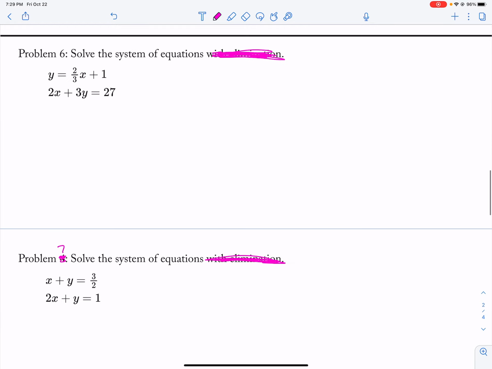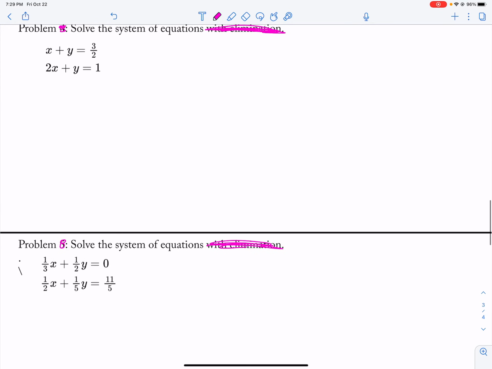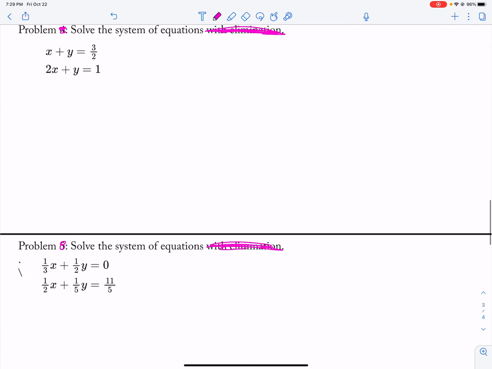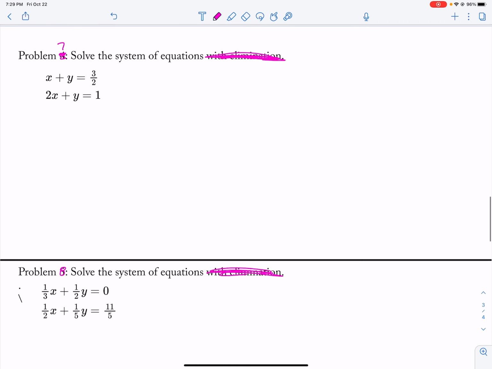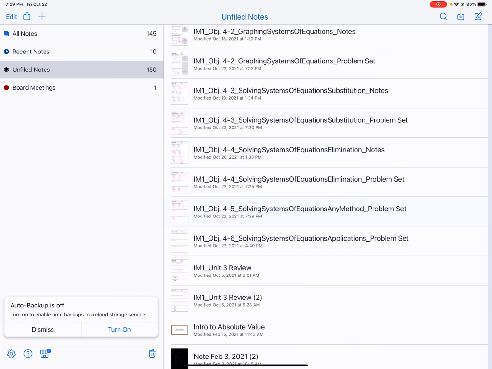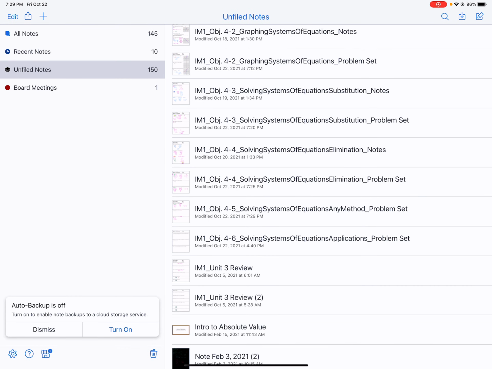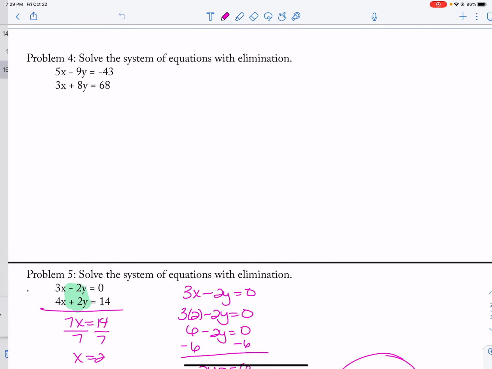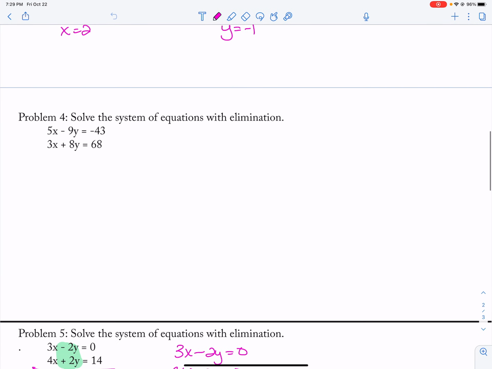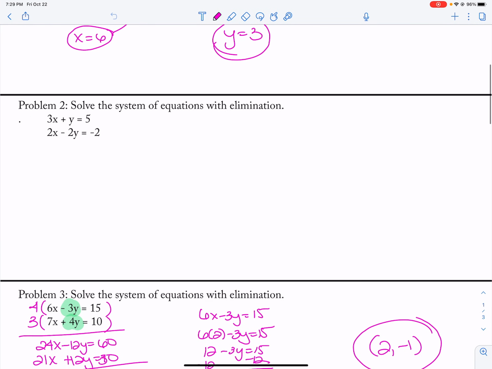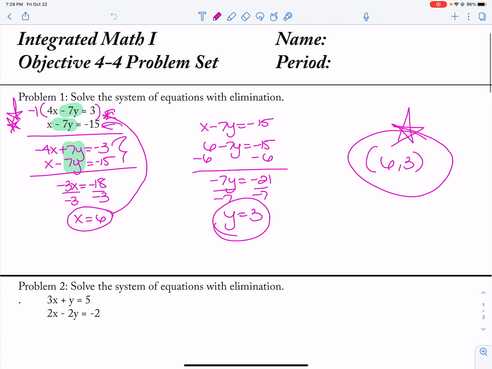No. But maybe I can find one real quick. Let's see. We were doing, back in the 4-4 problem set, if I can find one where one is a multiple of another.